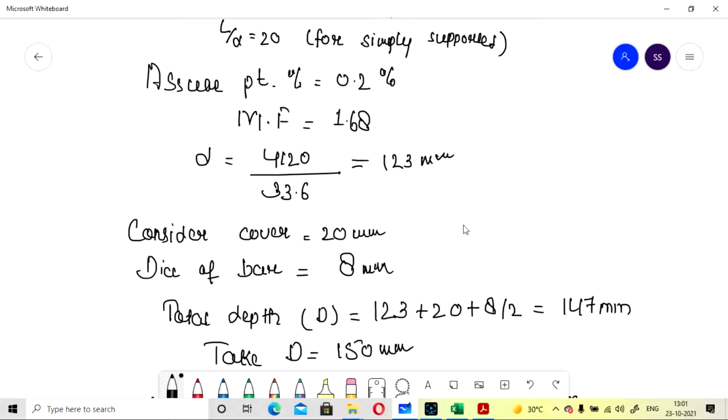So we have taken the effective span by considering the effective depth as 120 or the clear span. It is less than the center to center of the span. If you go with the effective depth, after considering the value of depth and center to center of the span, it will be safer for you to design.